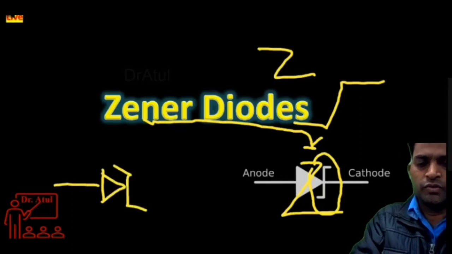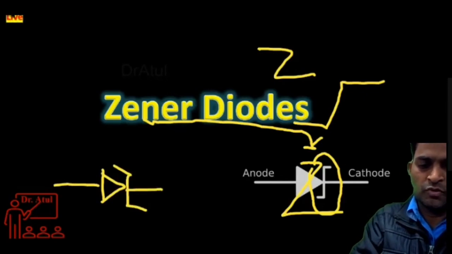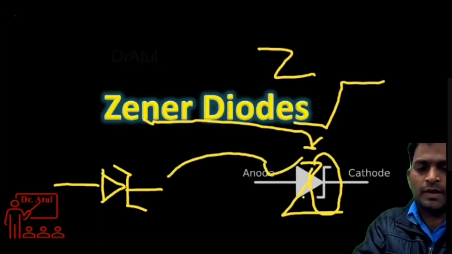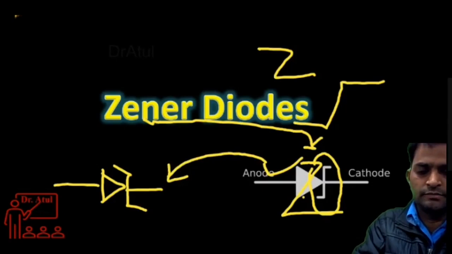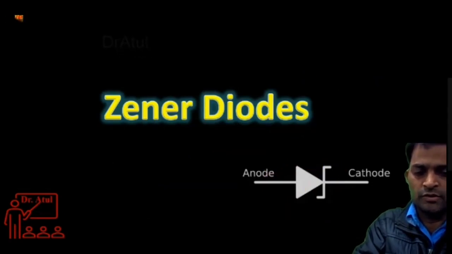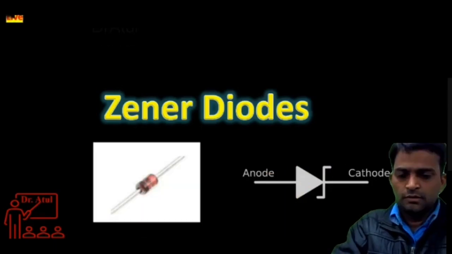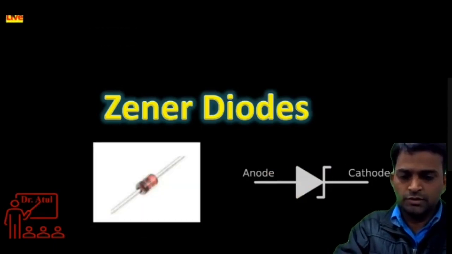Both mean the same; some books show the symbol of Zener diodes like this. So either you can use this symbol or that symbol for the Zener diode.